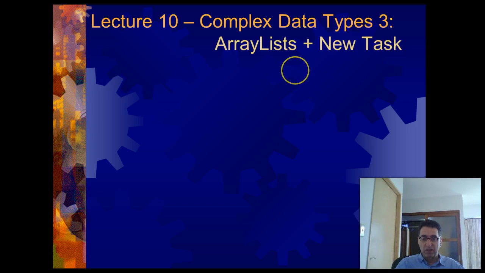We saw that changing the size of an array was a little bit tricky, and when you change the size, you often erase the whole array. It's just not the easiest way to deal with lists of things. But we have another object called an array list, so we're going to talk about that today.